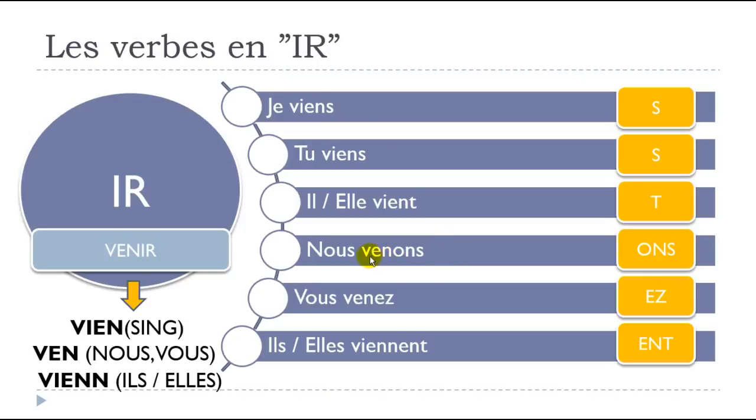Then you get venons, keep in mind that in that case it's venons, venez, and the last one, because you've got this double N here, you need to pronounce it, and that's the reason why you should pronounce it viennent, viennent. So, ils viennent, elles viennent. So, just one more time to make it clear. Je viens, tu viens, il vient, elle vient, nous venons, vous venez, ils viennent, elles viennent.